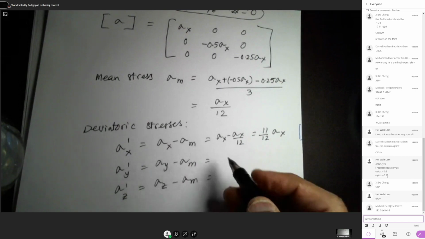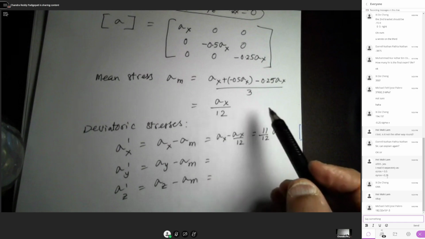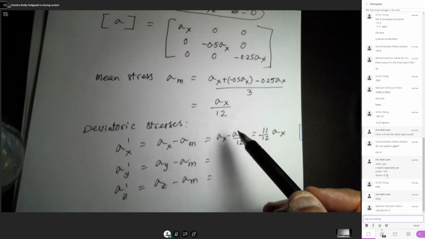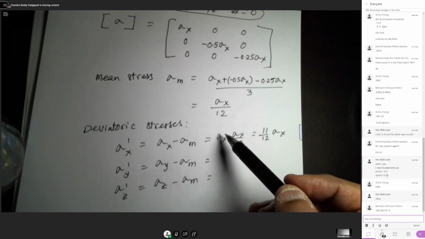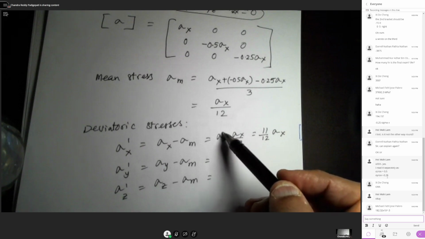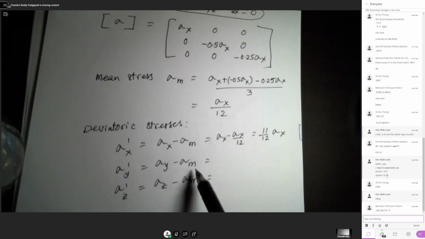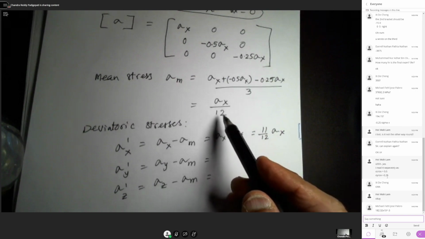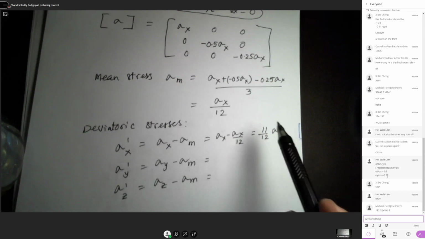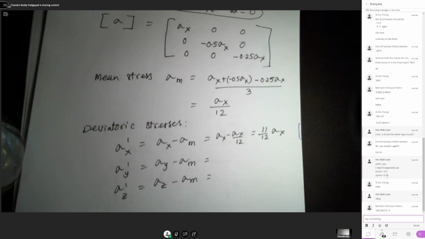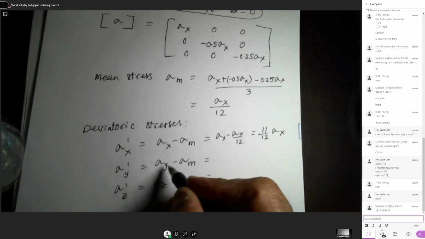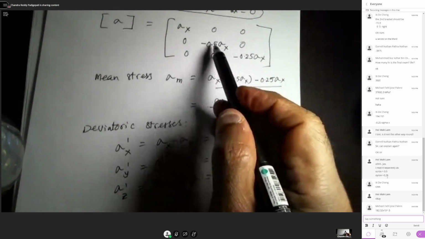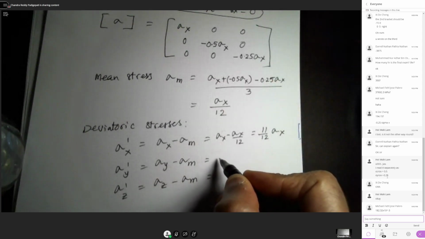Okay, so here sigma y minus sigma m. Sigma m is sigma x over 12. Sigma y, we already know the relationship, so I replace sigma y with negative 0.5 sigma x.